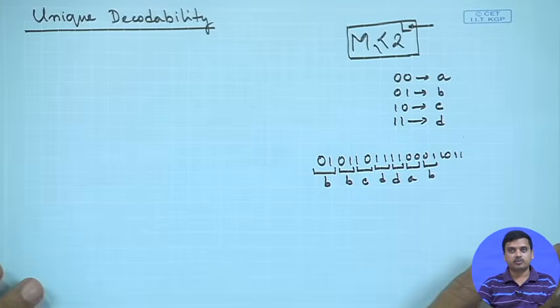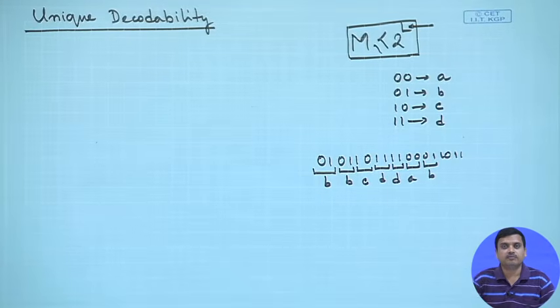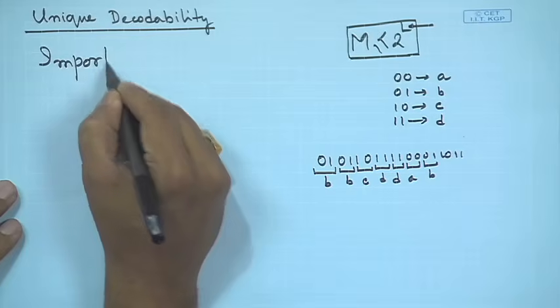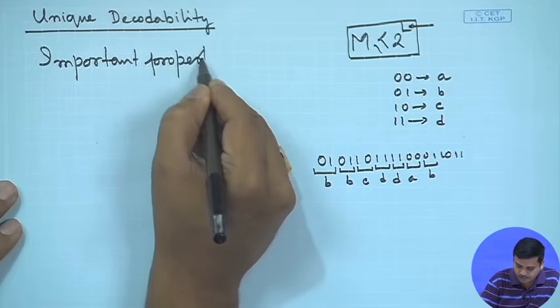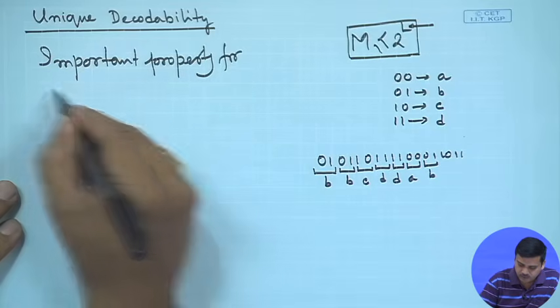So, fixed length has no problem, but whenever you are designing a variable length code, it is very important that we bring in this notion of unique decodability into the picture. It is an important property for variable length codes.